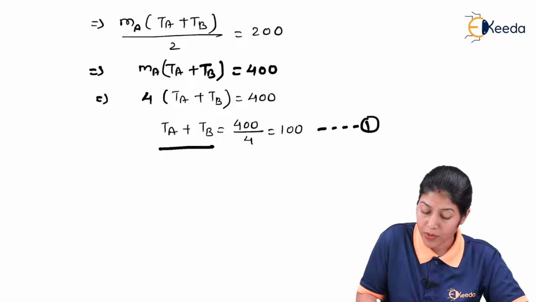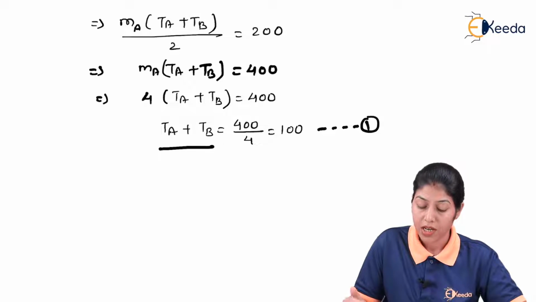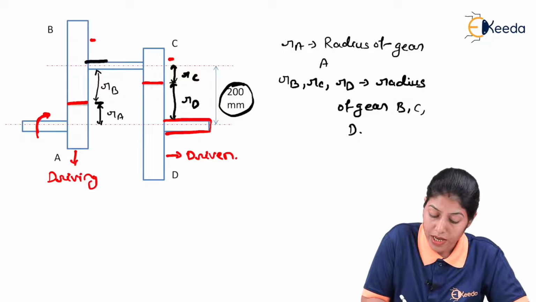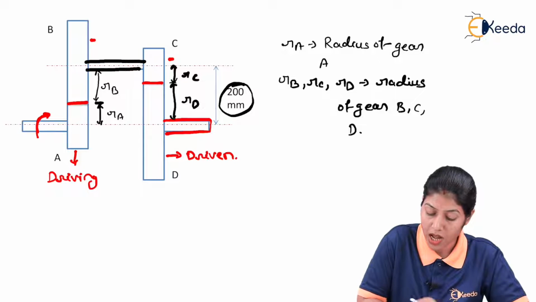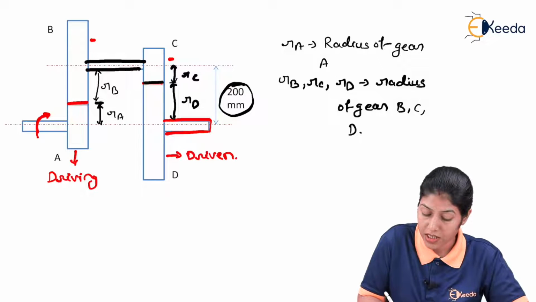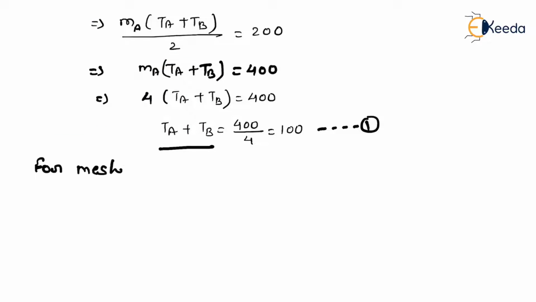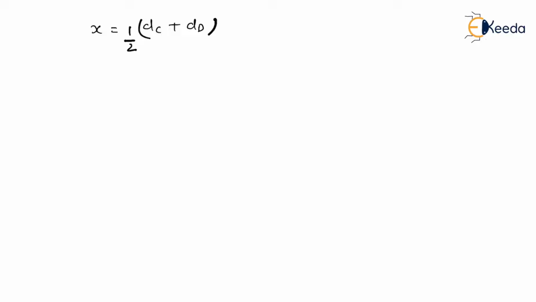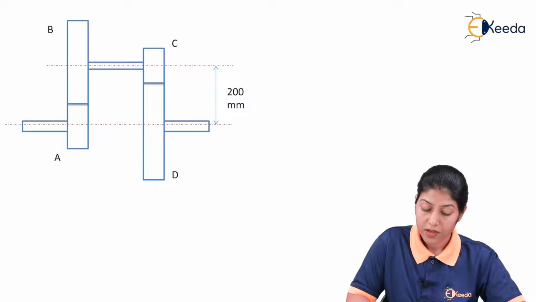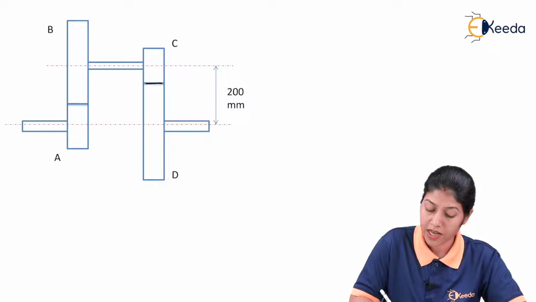Now this equation is representing the first meshing condition, when gear A is in meshing condition with gear B as per this diagram. Now gear B and gear C are mounted on the same shaft. So gear C is in meshing condition with the driven gear, gear D. For this meshing condition, we will define the term of the center distance when gear C and gear D are in meshing.